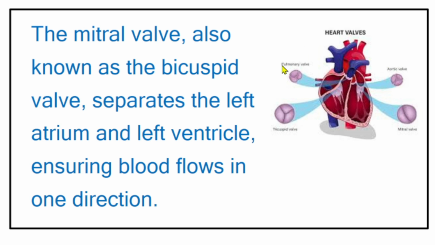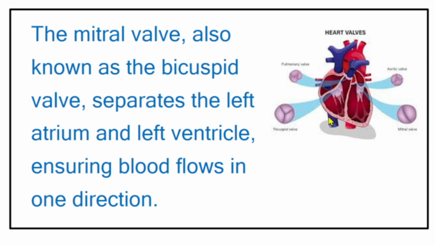All other valves have three cusp-like structures to prevent backflow, but the mitral valve has only two cusps, so it is known as the bicuspid valve. It separates the left atrium and left ventricle, ensuring blood flows in one direction. Blood flows only from the left atrium to the left ventricle. It will not go back to the left atrium.